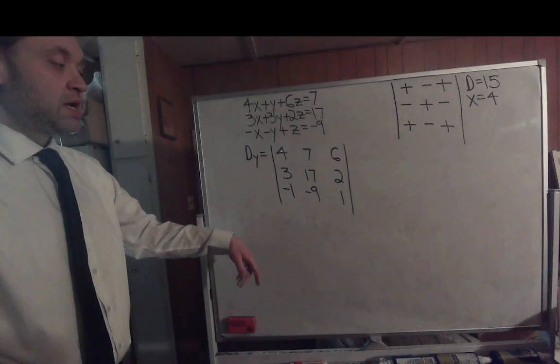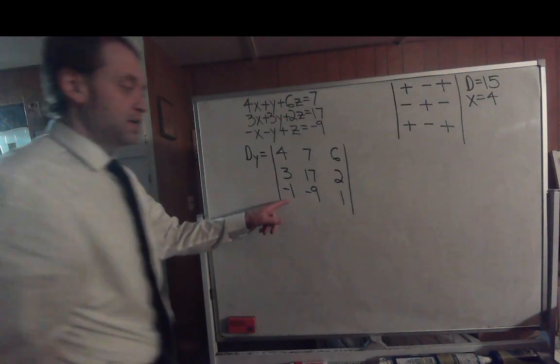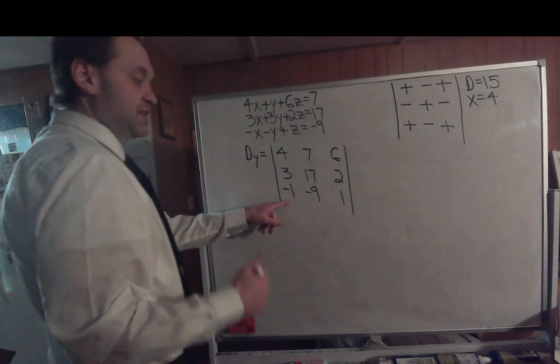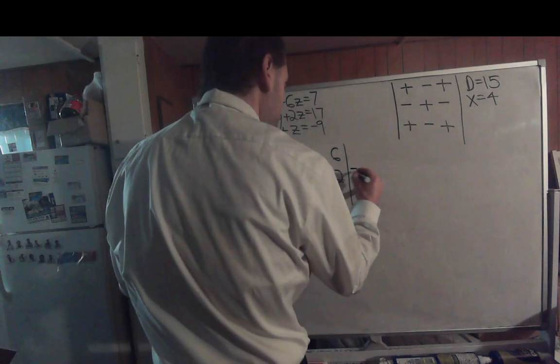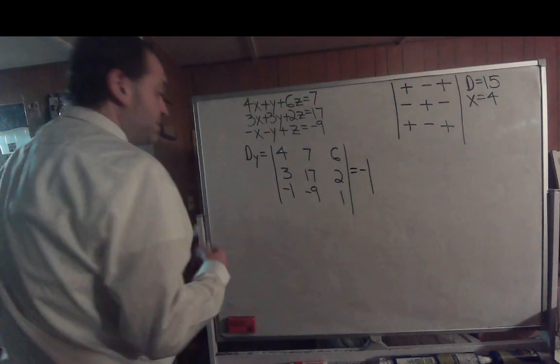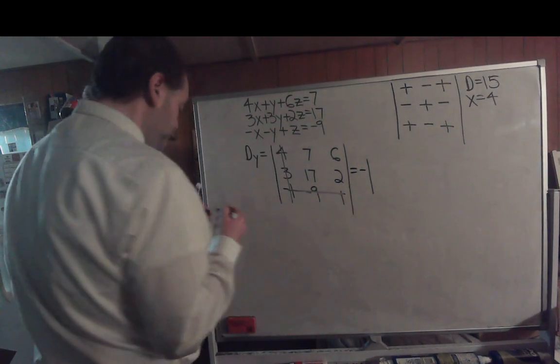So your first coefficient in the third row is a -1, but according to our coefficient matrix, we need to take positive of -1, so that's going to be minus the resulting determinant of when we strike out the first column in the third row.